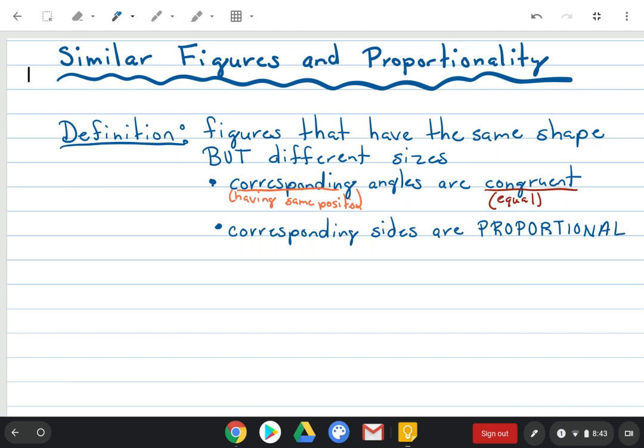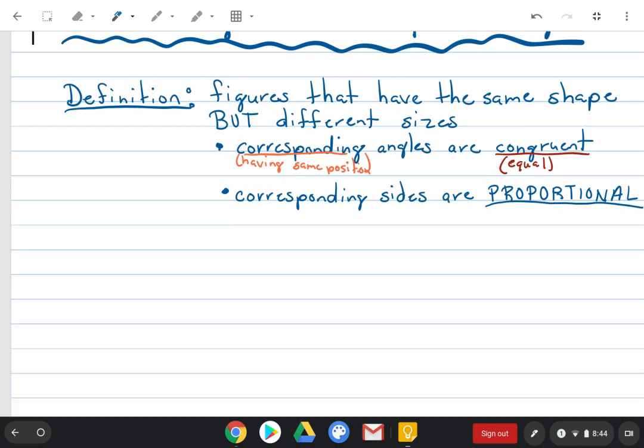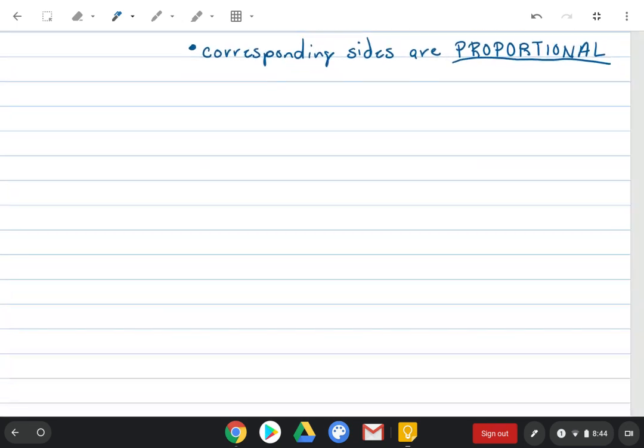And the reason why we are talking about similar figures right now is because we have been studying proportionality and proportional relations for the month of September. So keep that in mind. Similar figures, figures that have the same shape, different size, corresponding angles are congruent, corresponding sides are proportional. So let's see what that looks like when we work with it in math.